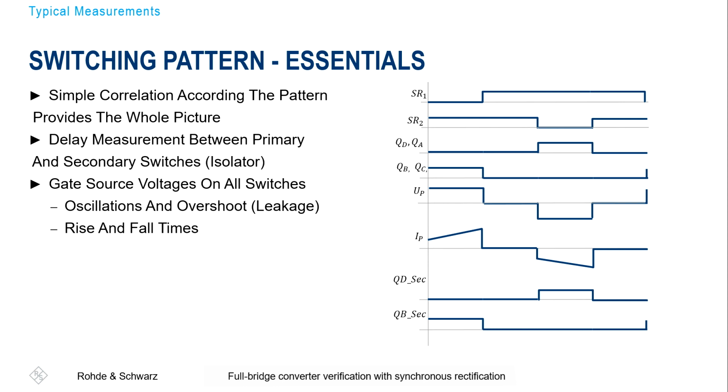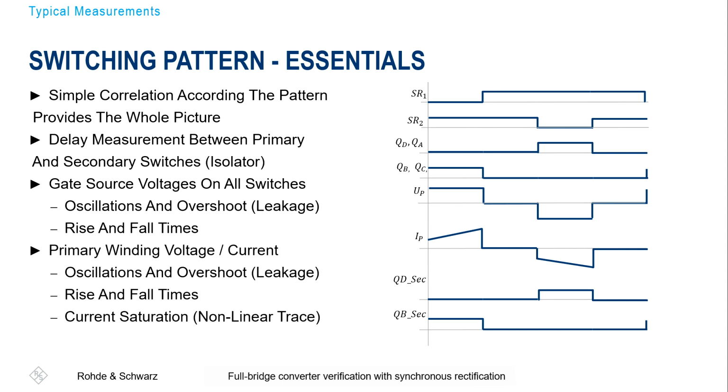Once you have this setup, because it takes time to build it up, you can of course activate every function you can get on the oscilloscope and gather as much information as possible. And primary winding voltage and current, there as well: oscillation, overshoot, rise time, fall time, and quite important, the current saturation can be covered here.